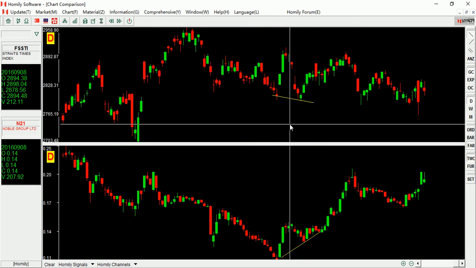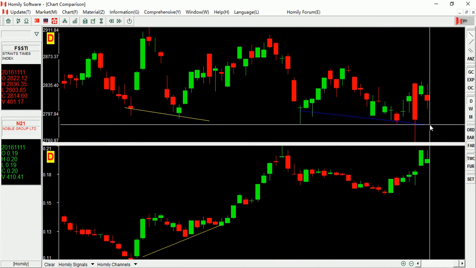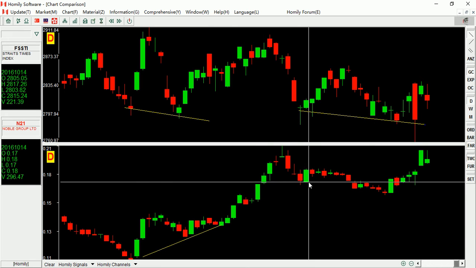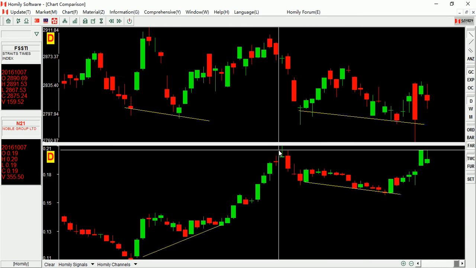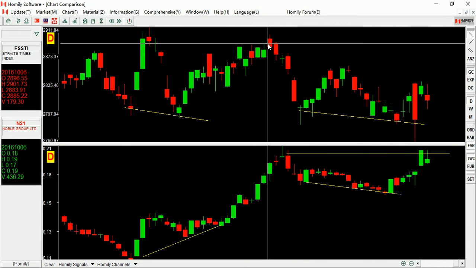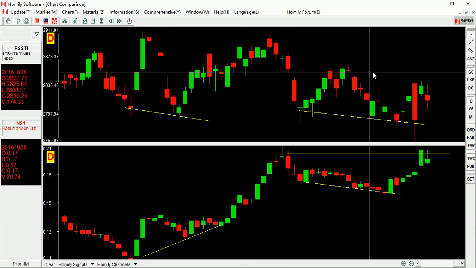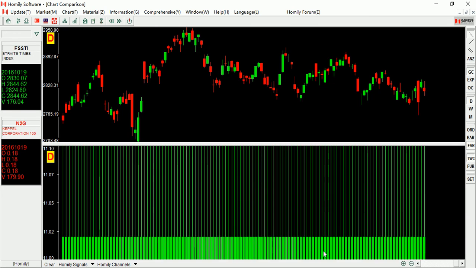Stronger than the index, right? Okay, then we can see recently the low point is still lower, and the low point is lower, right? And we can see here. So this is the price. So can we know, if you see this stock, whether it's stronger than the index or not? Stronger, right? Okay. So we can see the next one.